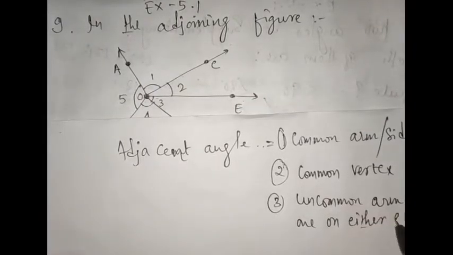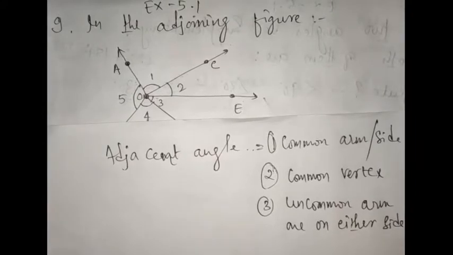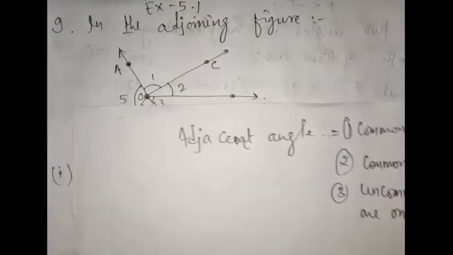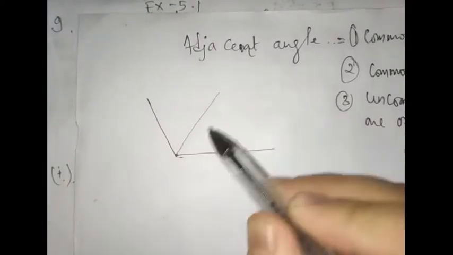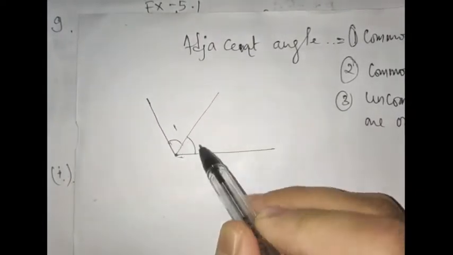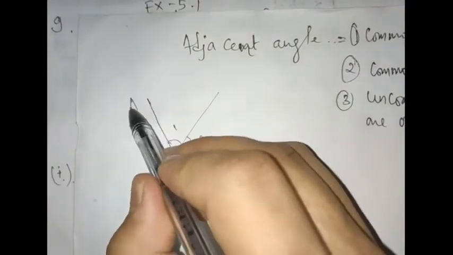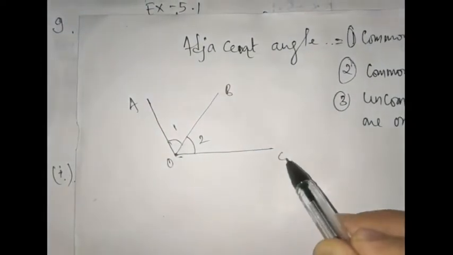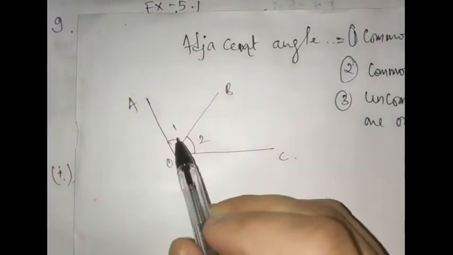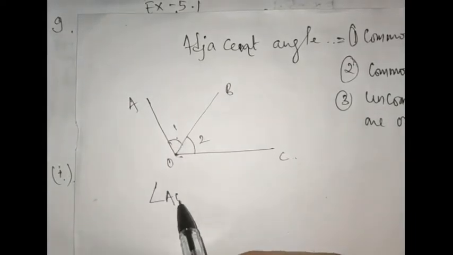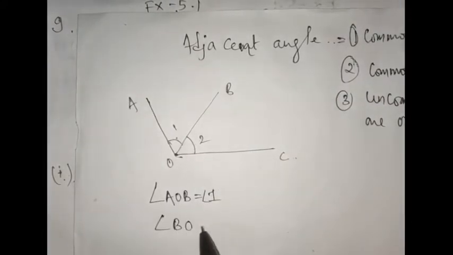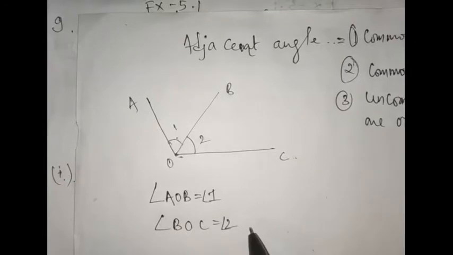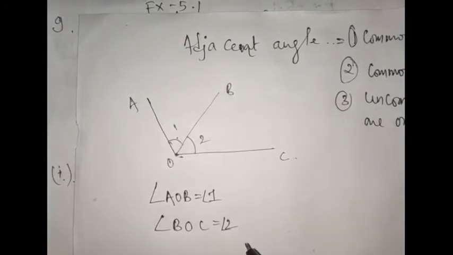Say you have a pair of angles, angle 1 and angle 2, and let this be AOBC. Angle 1 is angle AOB, and angle BOC is angle 2. So I am considering this as an adjacent angle.